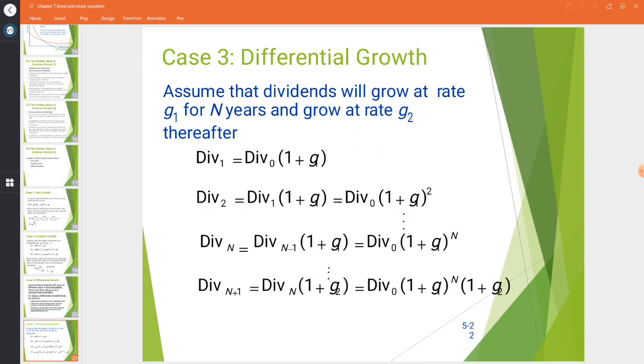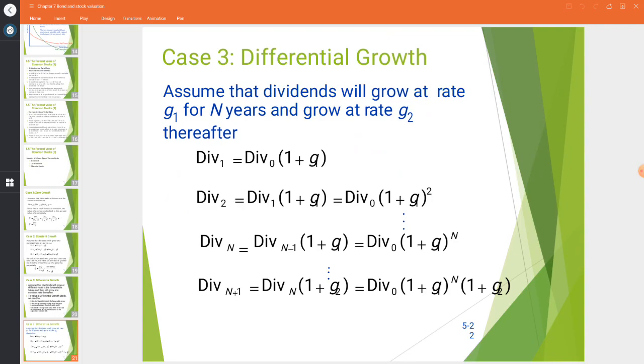Assume that a dividend will grow at a specific growth rate, G1, for a specific number of years, and later it will grow at another growth rate, G2, forever.